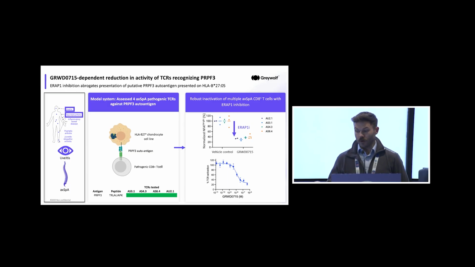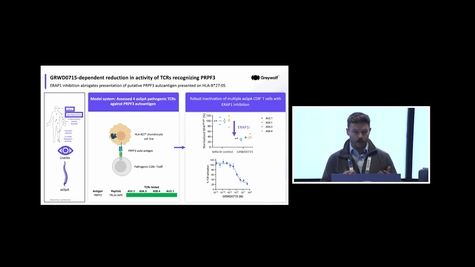And then again on the right-hand side, if you take this system and you treat these cells in this co-culture with 715, you can decrease the activity of all 4 of these TCRs against this autopeptide.